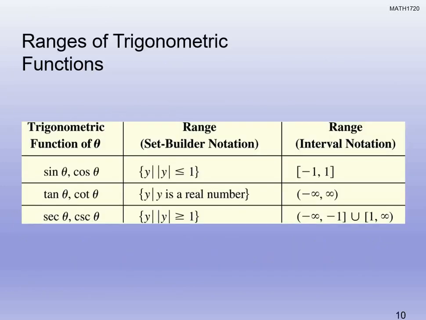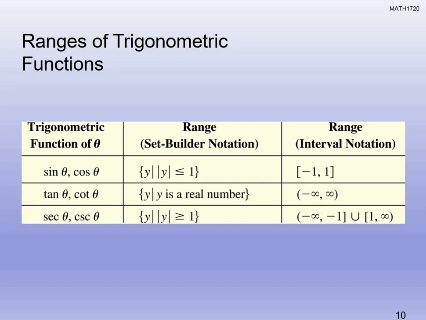So we want to talk about the range of sine and cosine and what they fall into. If you remember talking about domain and range, we're looking at all the possible y values of sine and cosine. So the interval or the range that sine and cosine oscillate between is negative 1 and 1.